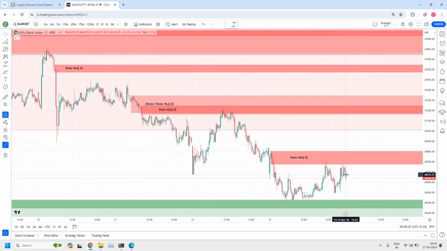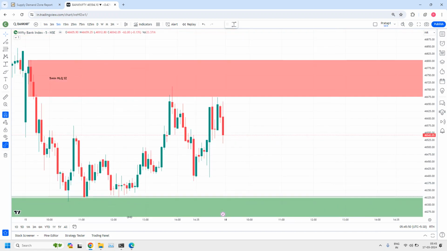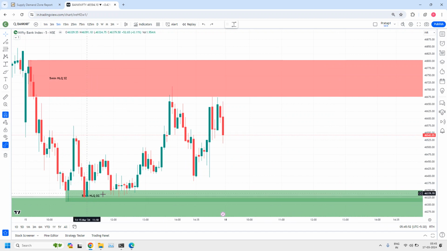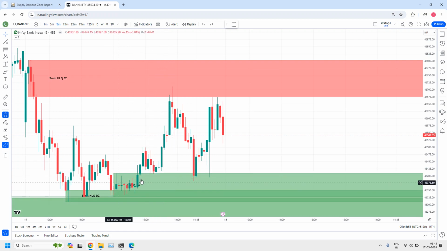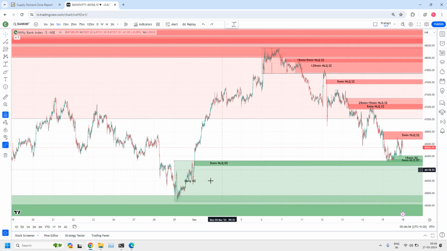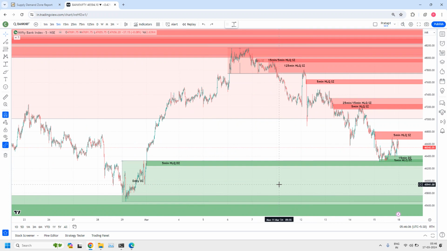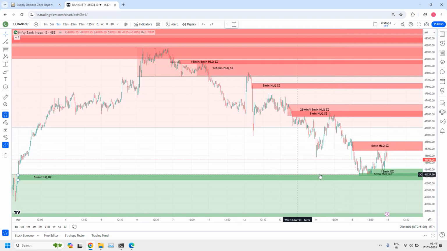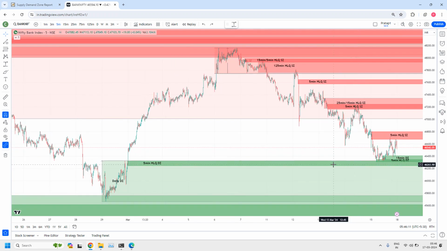Not only did it hold, after that it created another LOTL 5 minute zone. See here, this is the LOTL 5 minute zone. From this LOTL 5 minutes zone, again a 15 minute zone is created. This is the zone created. So that means within this daily 5 minutes zone, in this area, institutions kept strong order flow.